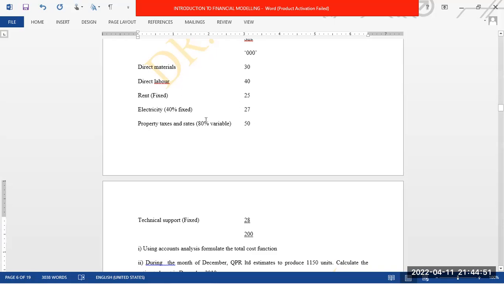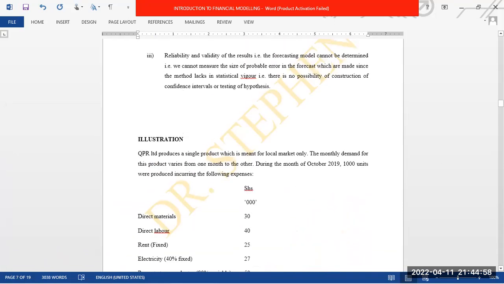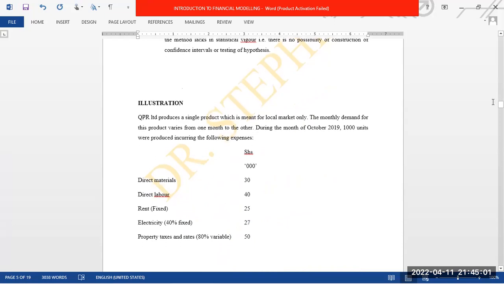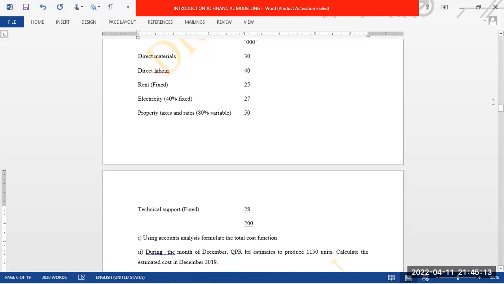So we have electricity, 40% fixed, and the total value of electricity is 27. So 40% of 27 is fixed and all the remaining is variable. You just take 40% of 27.